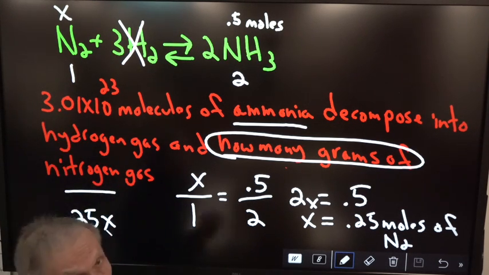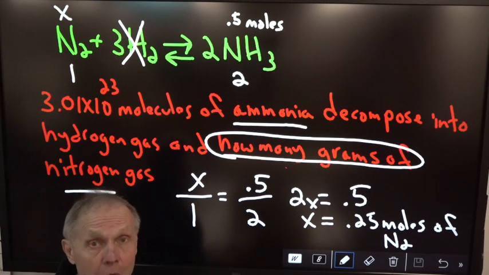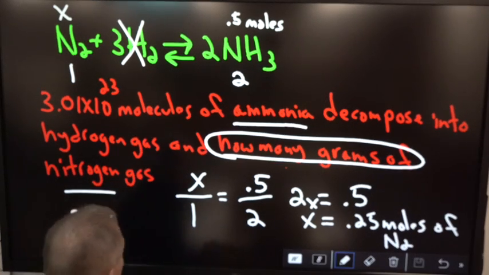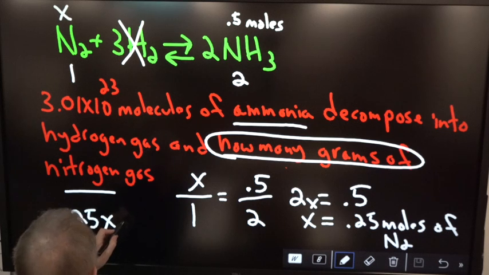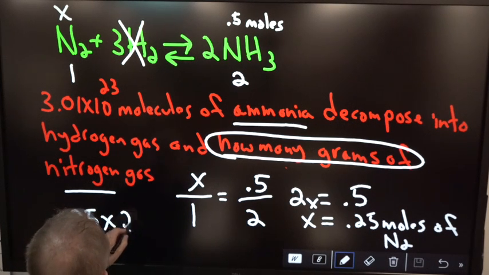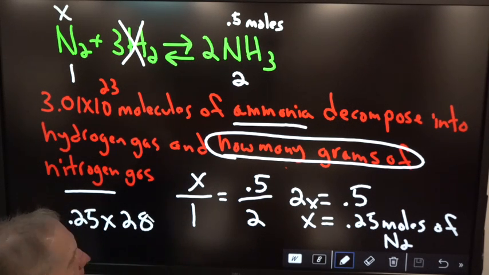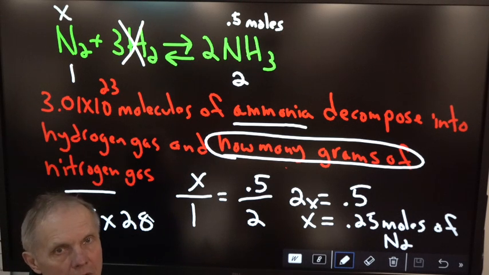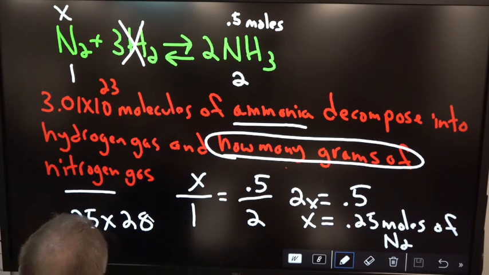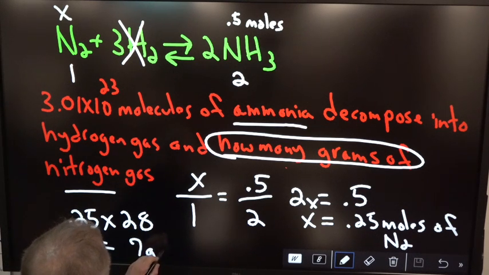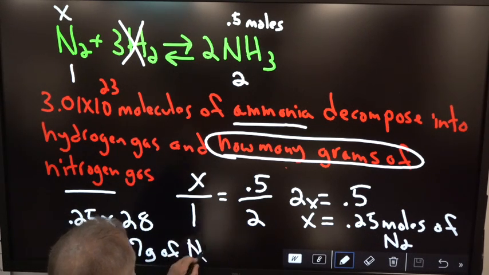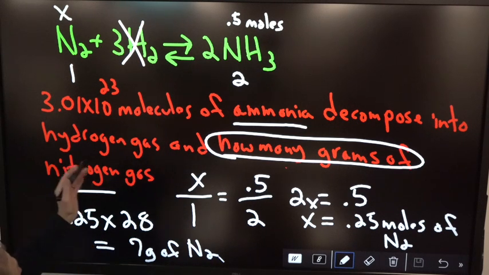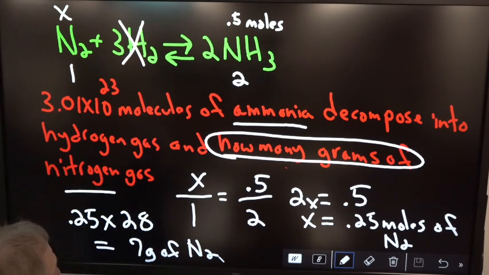It's N2. It's a diatomic gas, so it's 28, not 14. So 0.25 times 28. So it's 1/4 of a mole. So this equals 7 grams of N2.